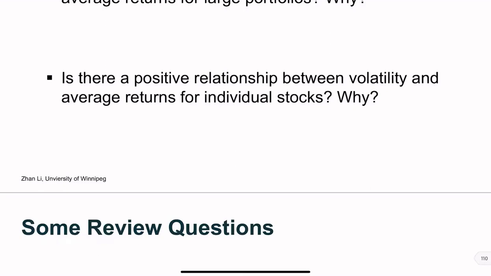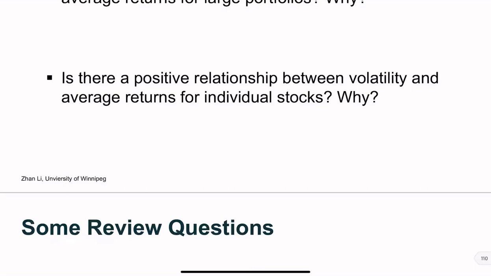Because again, volatility is just a measure of total risk, which means volatility measures both firm-specific risk and systematic risk for a single stock, right? So for an individual stock, we should not observe a positive relationship between return and volatility because again, the fundamental result is we should only observe the positive relationship between return and systematic risk.